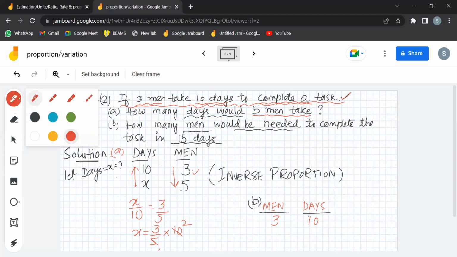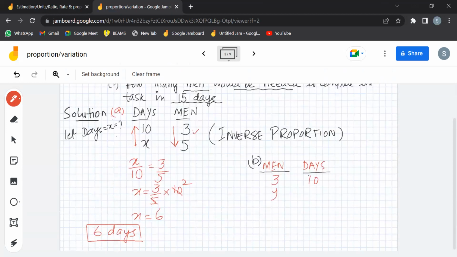How many men? So for men, you write unknown. Write y. Y is the variable, y is for the number of men required, which is the question.